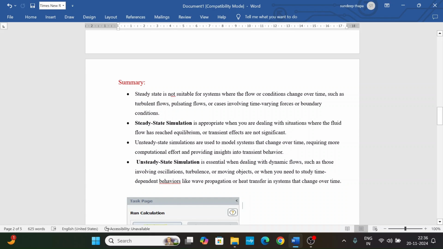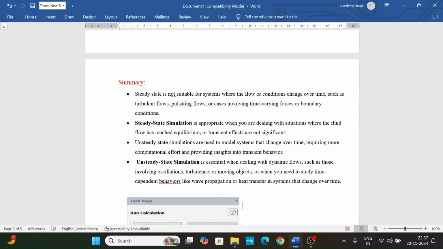But do keep in mind that I am discussing this particularly for CFD analysis, even though it is true for structural analysis, static structural, transient structural, but I am focusing on computational fluid dynamics. So the boundary condition in CFD, we give a fixed boundary condition. Let's say at inlet the velocity is 5 meters per second, and we do not change that during the simulation, during the calculation period.